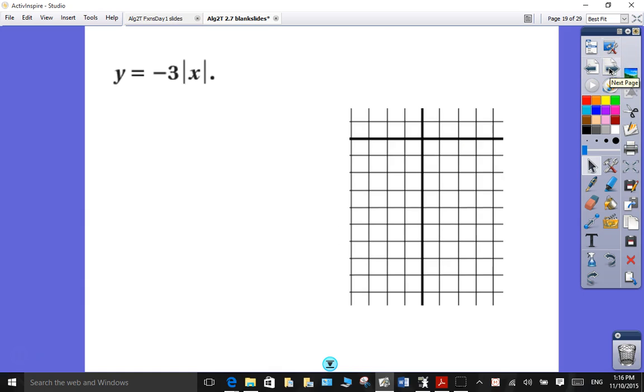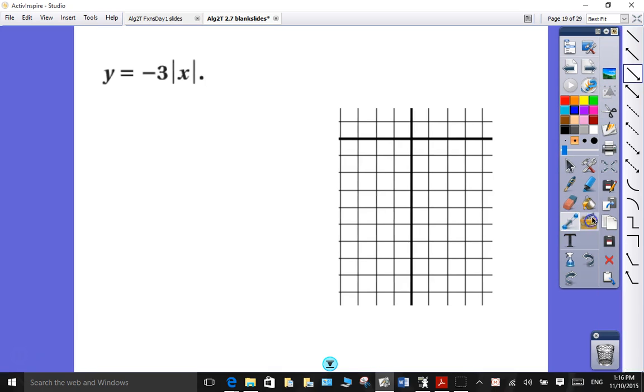So now let's try to graph this one. I'm not going to graph the parent function, I'm just going to graph this. So what does the negative tell you? It's opening down. And the 3? It's going to stretch it out, right?